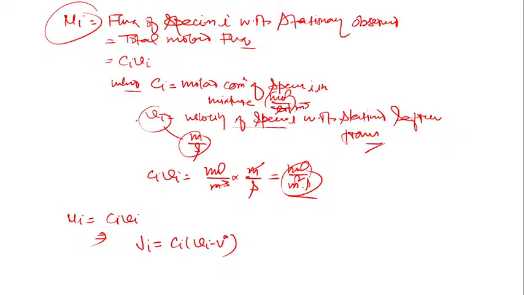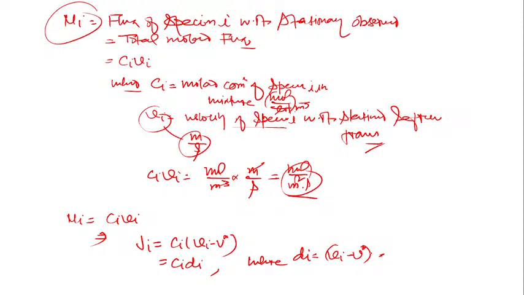Again the same thing, concentration into velocity, but not the velocity with respect to the stationary reference frame. This is Ci into Di, where Di is Vi minus V star, the velocity of species I with respect to the moving reference frame.